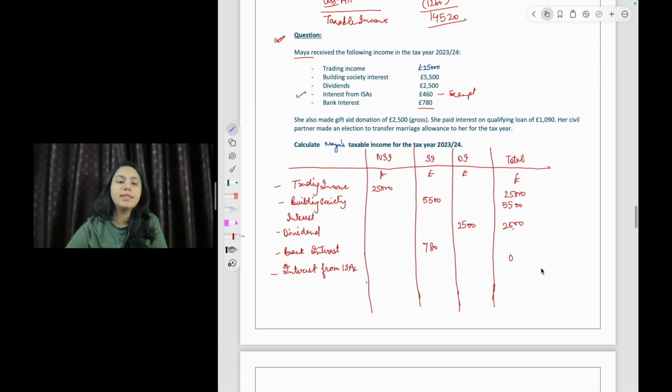Because in the examination, even if something is exempt or is not included in a part of your computation, you should write it and write the value as 0, because it is going to be marked by the examiner.